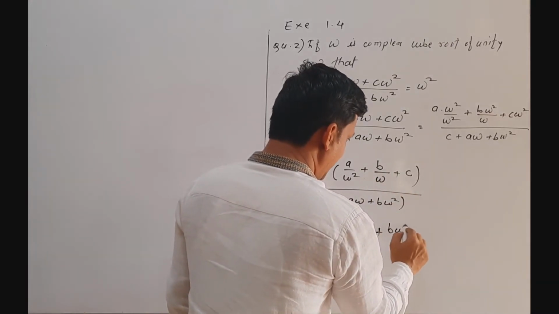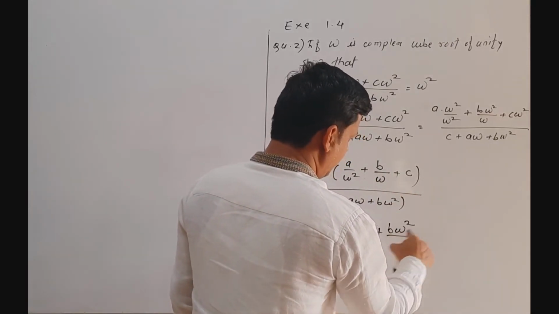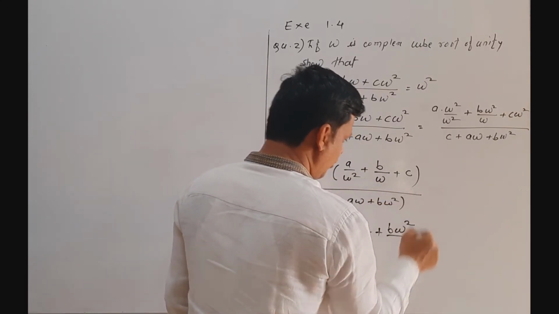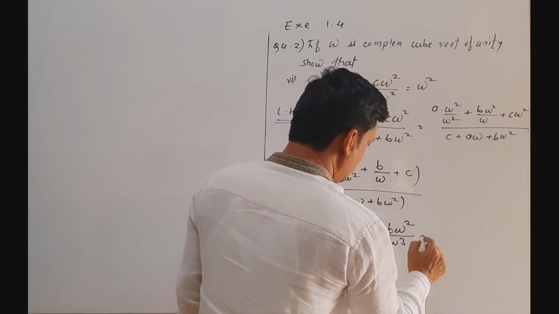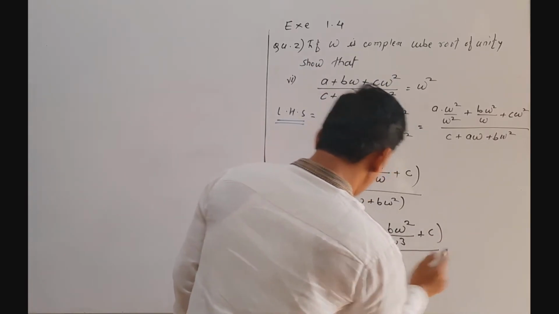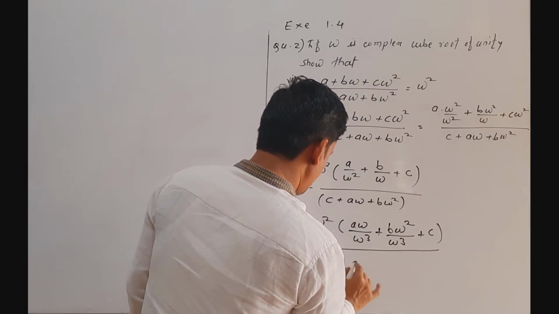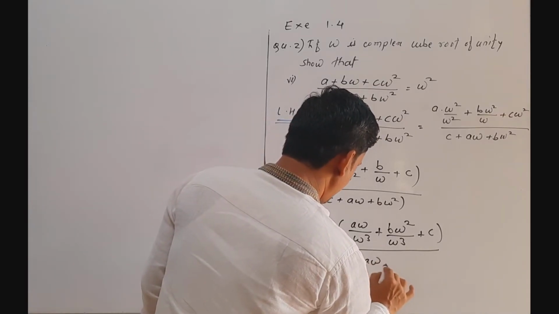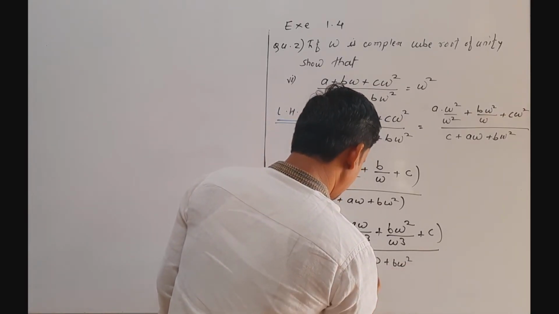So B omega square upon omega into omega square, we write omega cube, plus C as it is, upon C plus A omega plus B omega square.